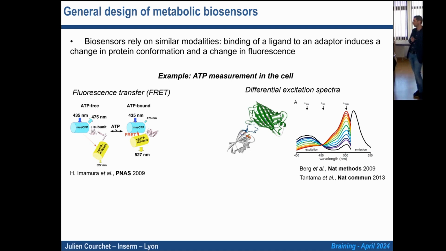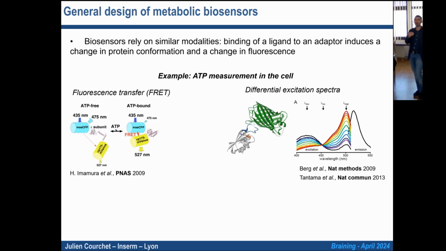One other limitation is that the FRET is usually very low efficiency. When you measure the fluorescence, maybe 90% of the signal that you will measure is just the fluorescence of the yellow fluorescent protein, and only 10% of that is the transfer of energy from the cyan fluorescent protein.